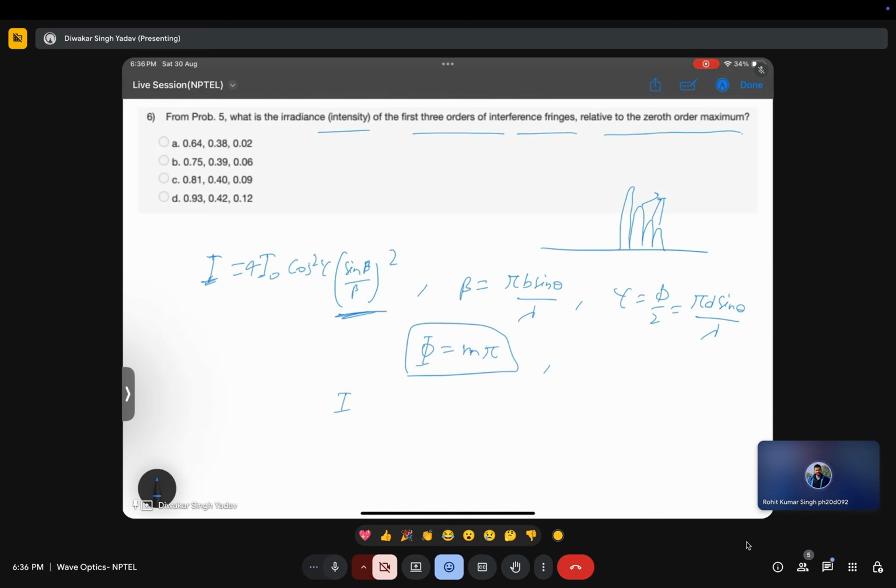The intensity of the mth order by the maxima intensity will be governed by this term only, right? Because these all are at integral multiples of pi phase angle. So cos gamma is the same for all, but this modulation happens because of the single slit diffraction.